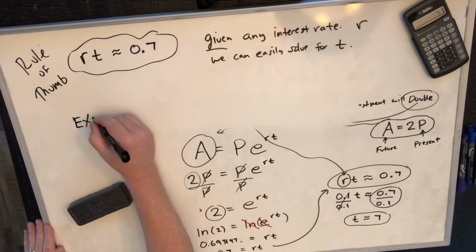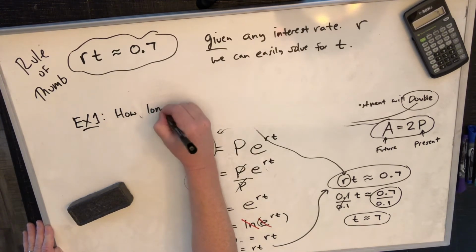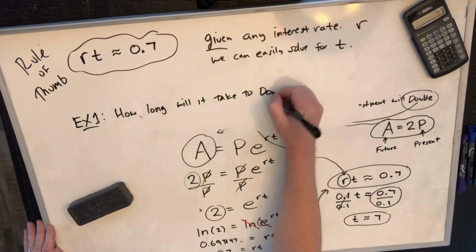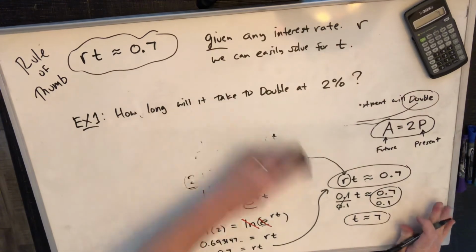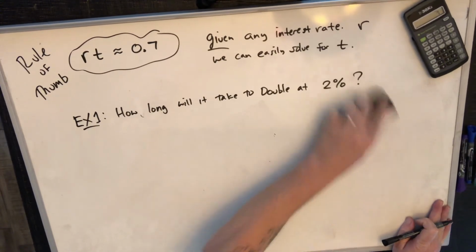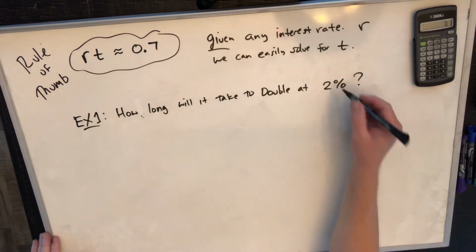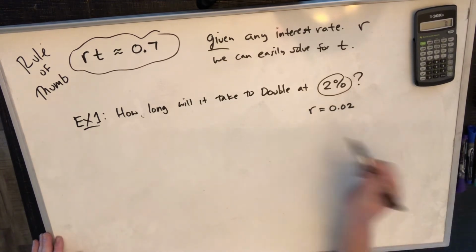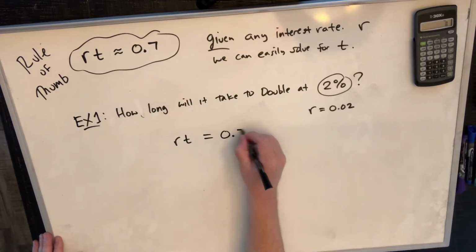So for example, how long will it take to double at 2% interest? That's a lot more realistic, right? Because you're not really going to get 10% interest, not in this current economic climate. Well, 2% interest, R is 0.02. Put that into here. RT, for practical purposes, is equal to 0.7.